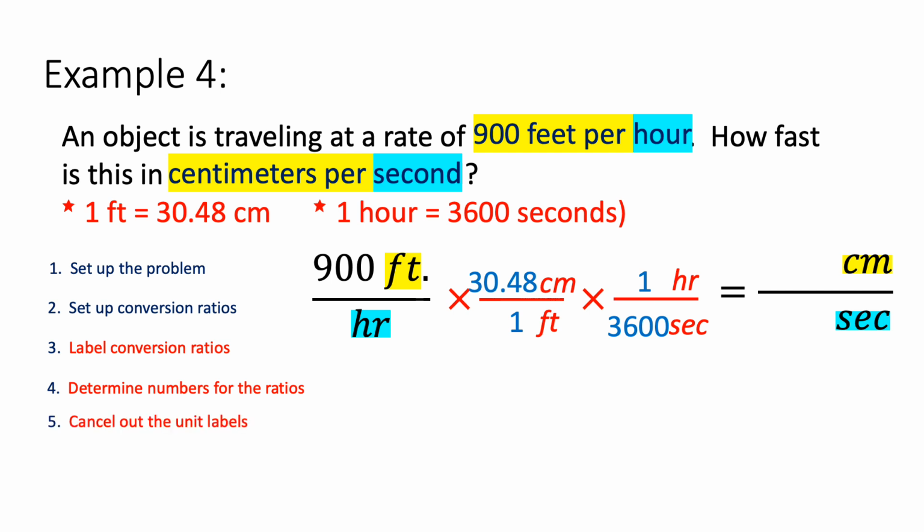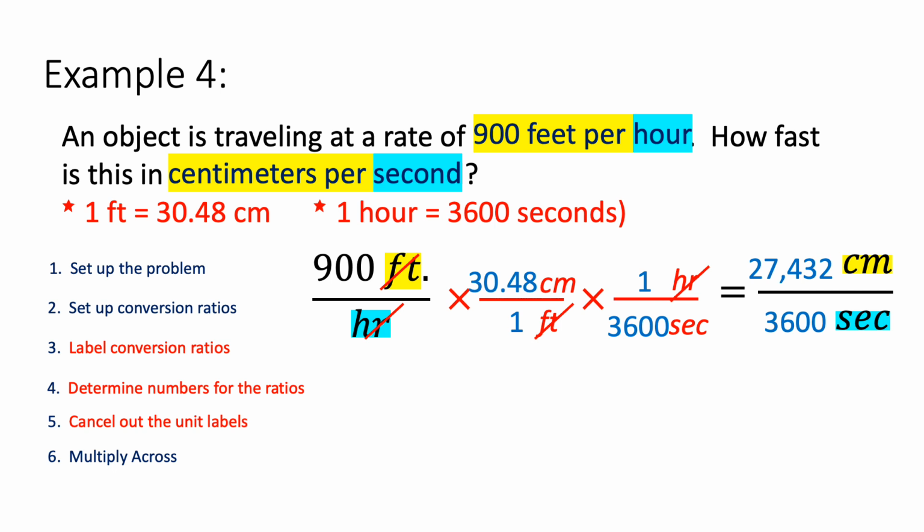So we're going to cancel out our labels, cancel out hours and feet. Multiply across. 900 times 30.48 equals 27,432. And the denominator is 1 times 3,600.